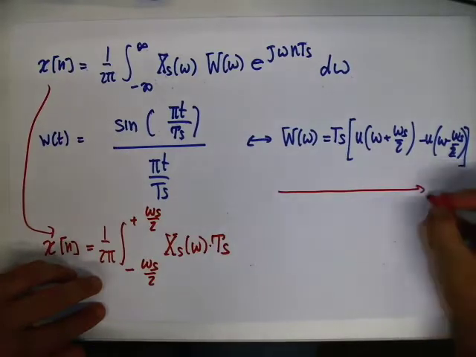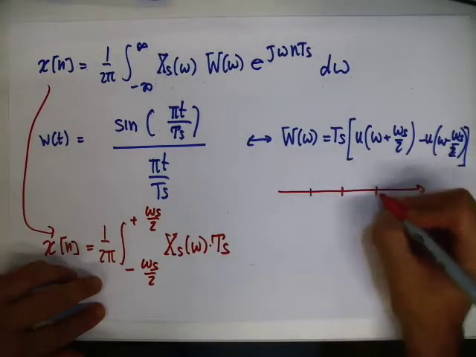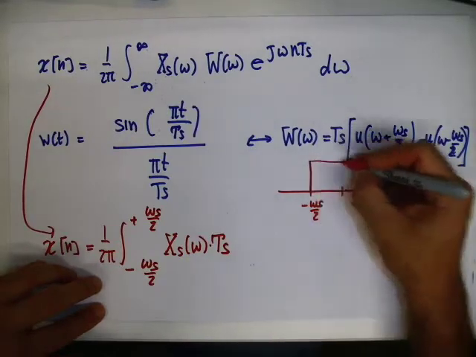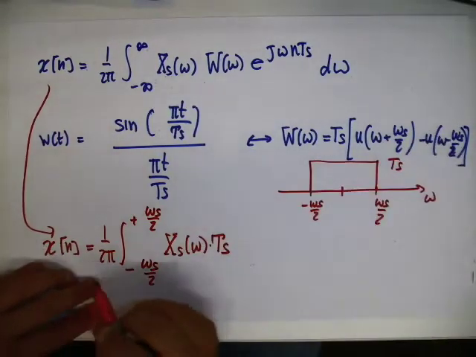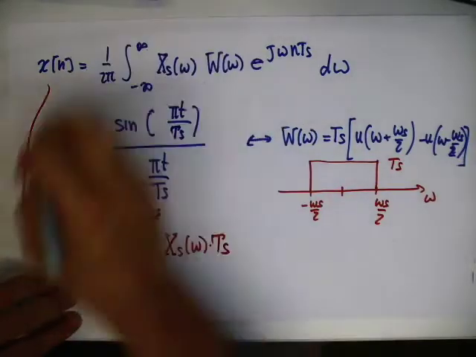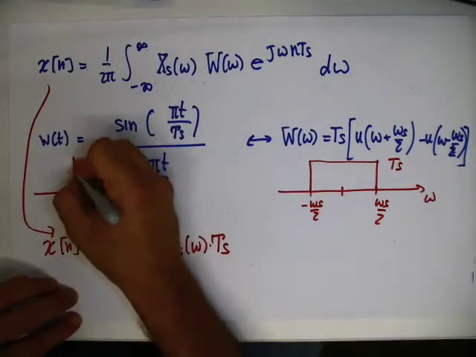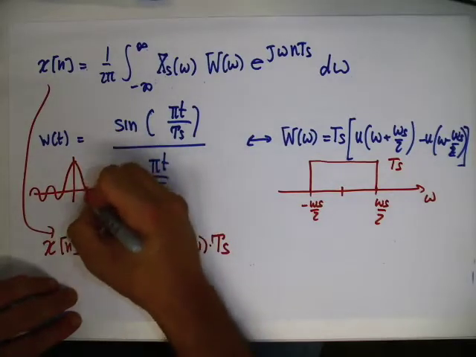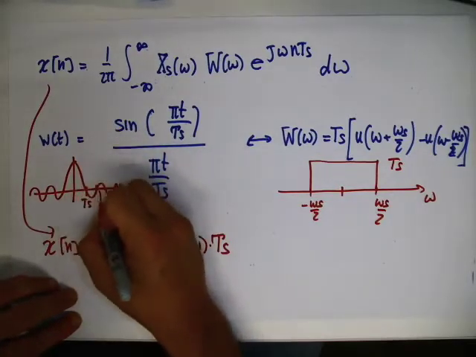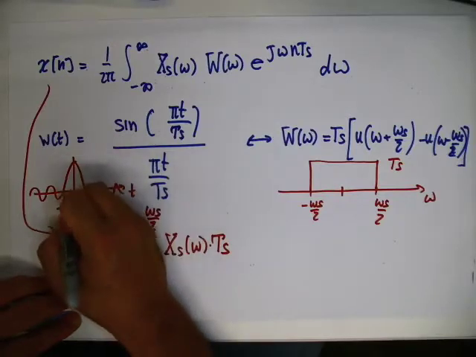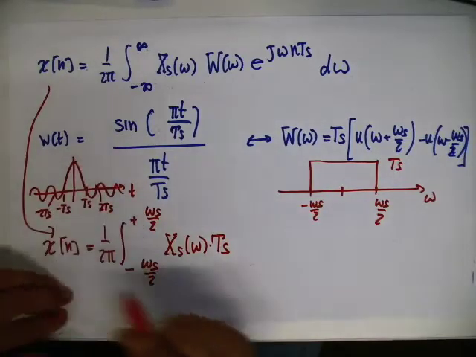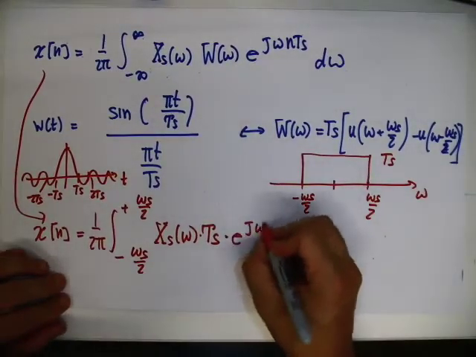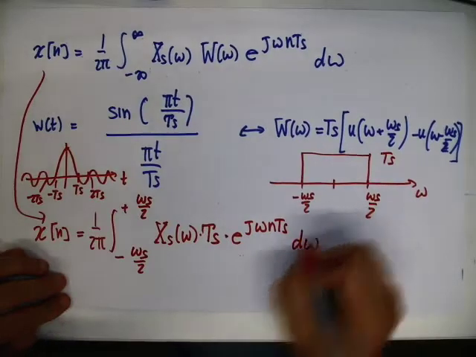This is now in the frequency domain a box function. That's why we can do that. Instead, in time, this function is the famous sinc function, with zeros at ts, 2ts, minus ts, minus 2ts. Okay, and then here we have e to the j omega n ts d omega.